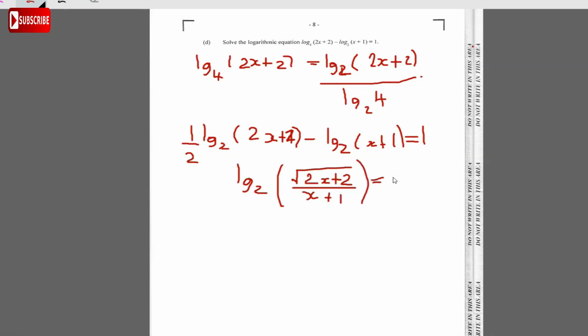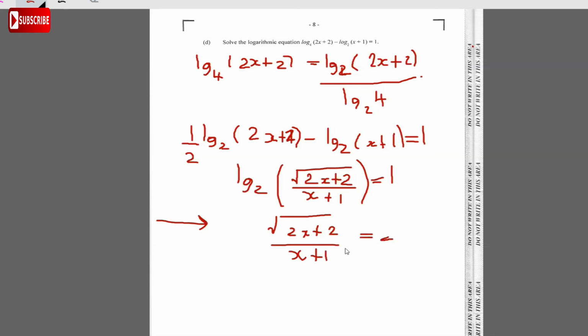If this is equal to 1, what can we do? Well, the log base of a number is equal to a power, so this implies that the square root of 2x plus 2 over x plus 1 is equal to the base to the power, so this is equal to 2.